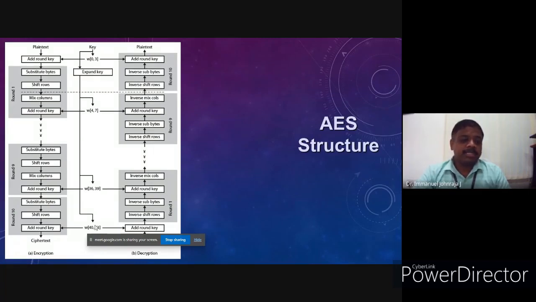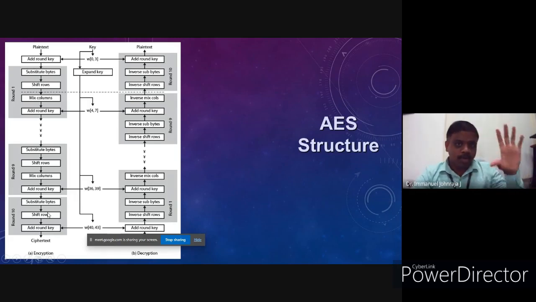But if you come to the 10th round, one of these operations is missing. You got substitute bytes, shift rows, but mix columns is not there. So please remember, in the 10th round, mix columns is not available. And then you got the ciphertext. This is the overall structure of your AES encryption.